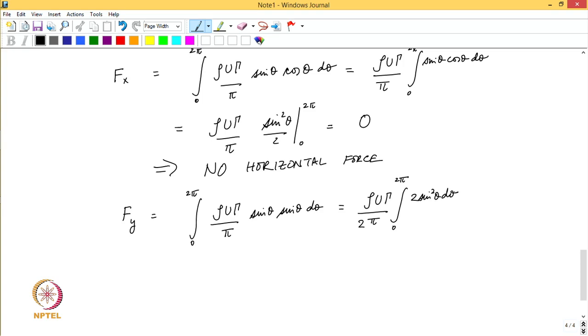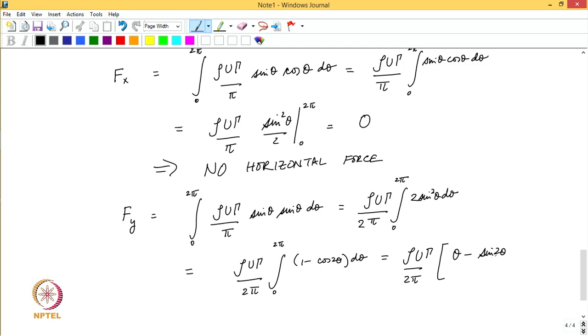The reason for doing that is that 2 sin square theta can be written in terms of cosine 2 theta. So, I would write this as the integral 0 to 2 pi of 1 minus cosine 2 theta d theta, which is 2 sin square theta, and this is now easy to evaluate. So, we have rho u gamma by 2 pi, and the integral will become theta minus sin 2 theta by 2, evaluated at 0 and 2 pi.